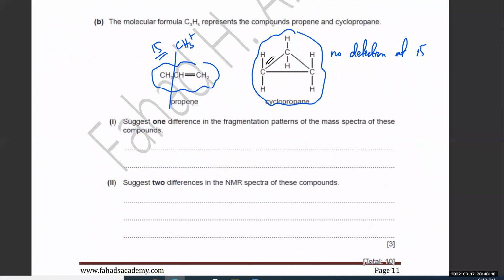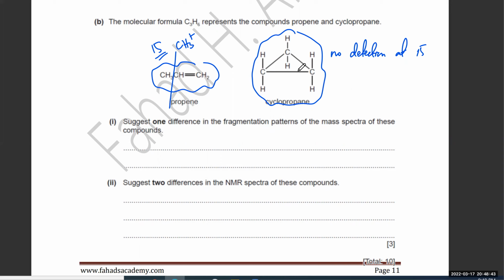So when you do mass spectrum of these 2 molecules, there's a possibility that a fragment with a mass of 15 can be detected in propene, because the molecule will break at this point and form a CH3+ fragment. Is that clear? Okay, I'm with you. But this one will never give you 15.